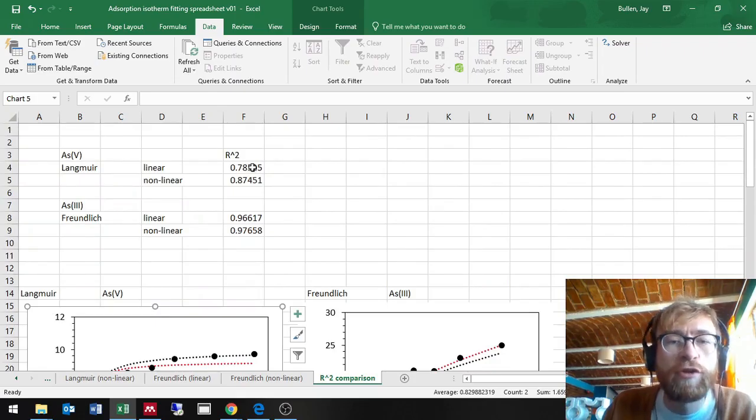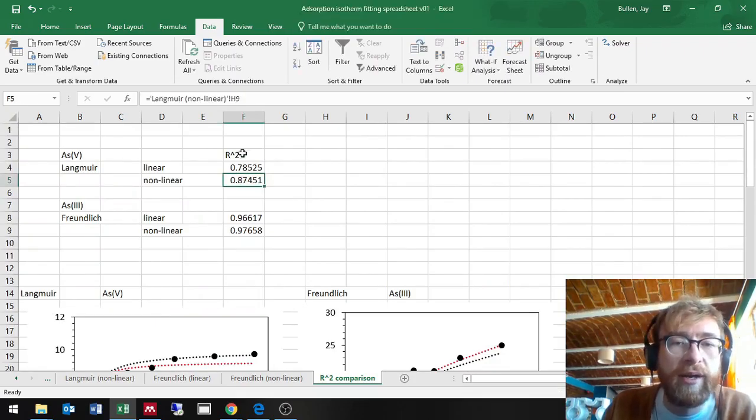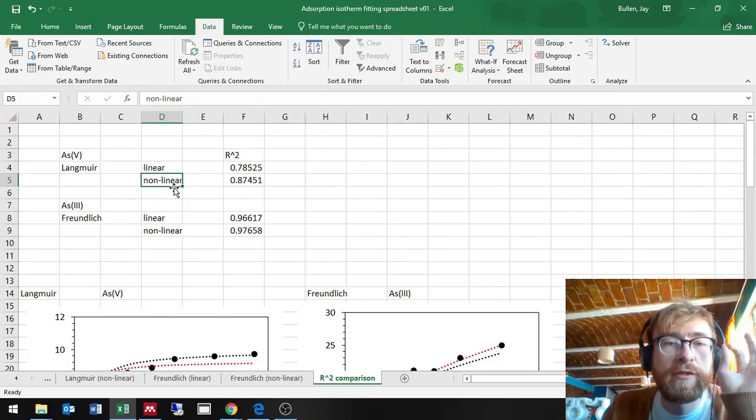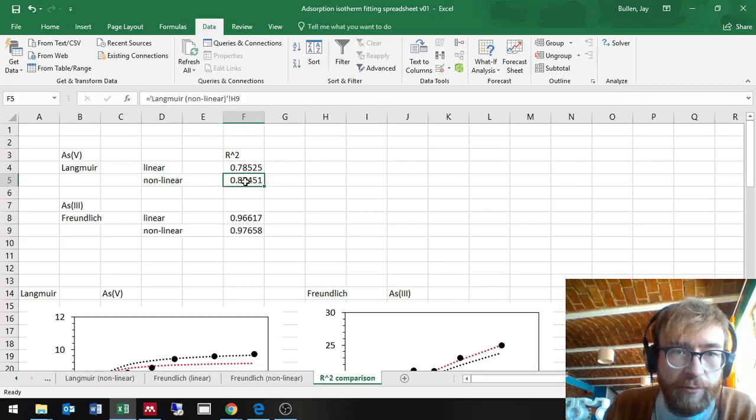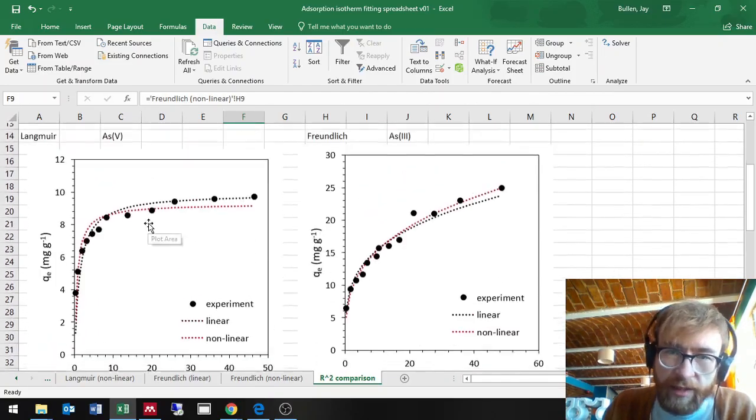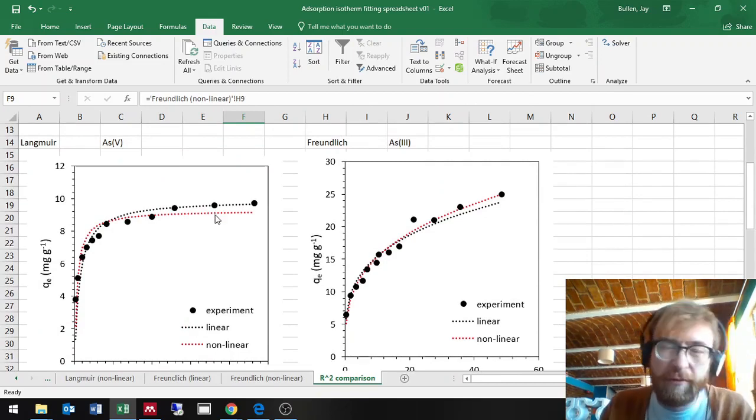So you should always get a higher R squared value, so a better quality of fit, when you use the non-linear adsorption isotherm fitting using Excel's solver function. So you can see the R squared value is improved for both models. But overall, the models look roughly similar.